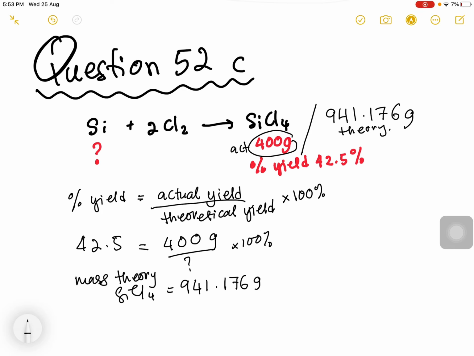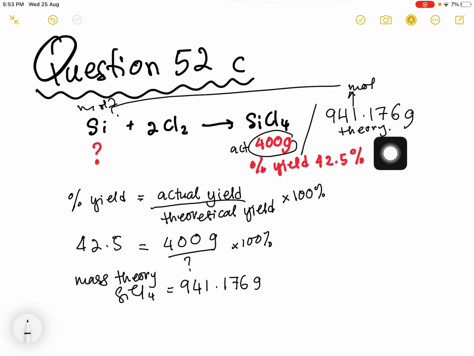So the expected production is 941 gram, so we can find the mole. From the mole of product formed, it will determine the mole of silicon. So we have the mass of silicon tetrachloride theory, and we can find the mole.